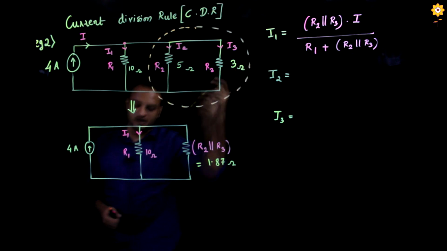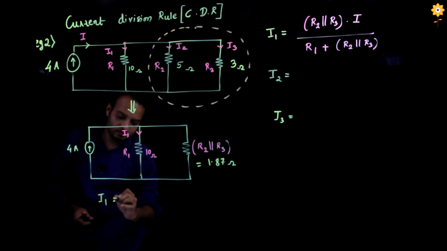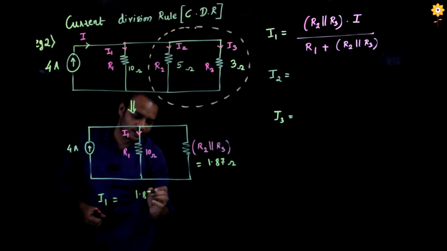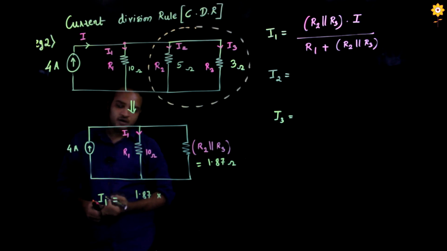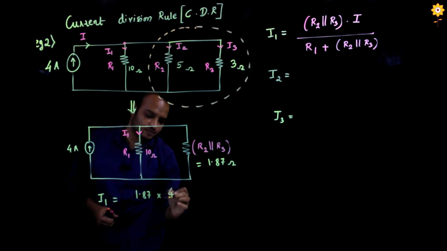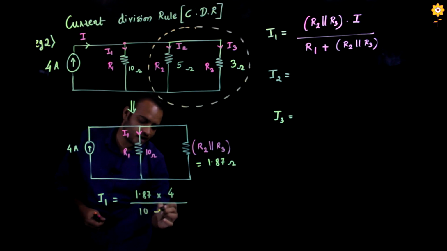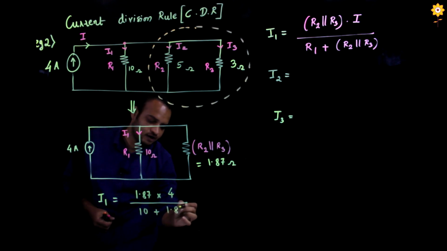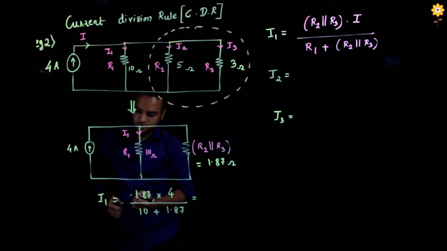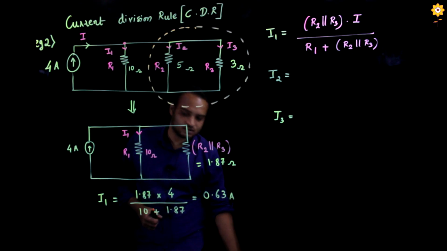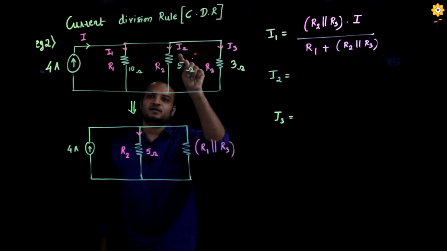If I apply this formula, I1 is equal to R2 parallel to R3, that is 1.87, into current before division, that is 4 amperes, divided by R1 value, 10, added with 1.87. So this will give you roughly around 0.63 amperes.